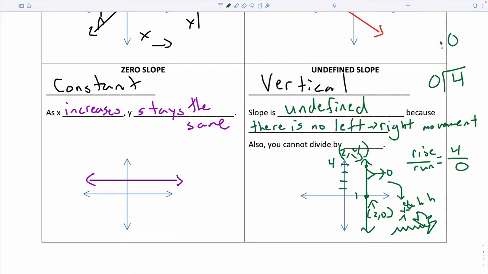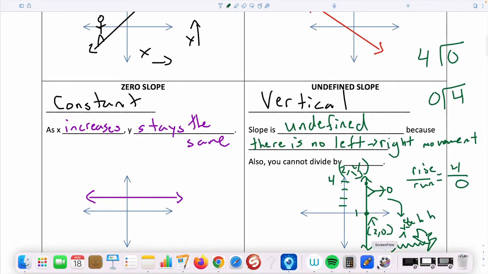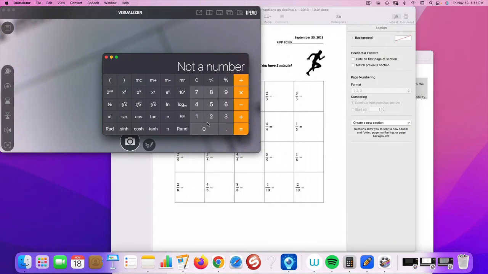Could you do the opposite and split up 0 into 4 different sections? Yeah, you could put 0 things into 4 different sections, but you can't split up 4 things into 0 sections. It doesn't work. So if you have 0 divided by 4, that would be your constant line. Rise over run of 0 over 4 is 0. 4 divided by 0 doesn't work. It's called undefined. You can't do it. Alexis?